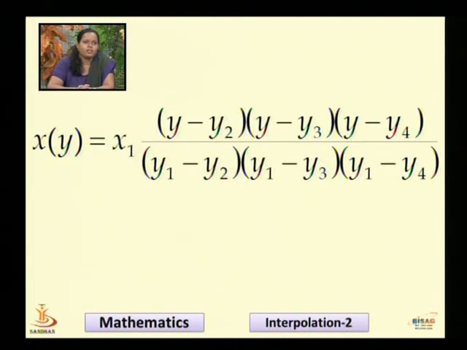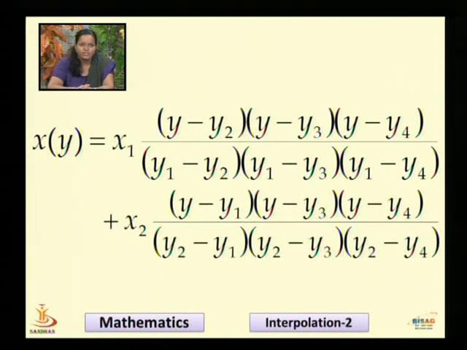Now, Lagrange's inverse interpolating polynomial takes the form, for 4 points, as x of y is equal to x1 into (y minus y2)(y minus y3)(y minus y4) divided by (y1 minus y2)(y1 minus y3)(y1 minus y4) as the first term. The second term would be x2 into (y minus y1)(y minus y3)(y minus y4) divided by (y2 minus y1)(y2 minus y3)(y2 minus y4).